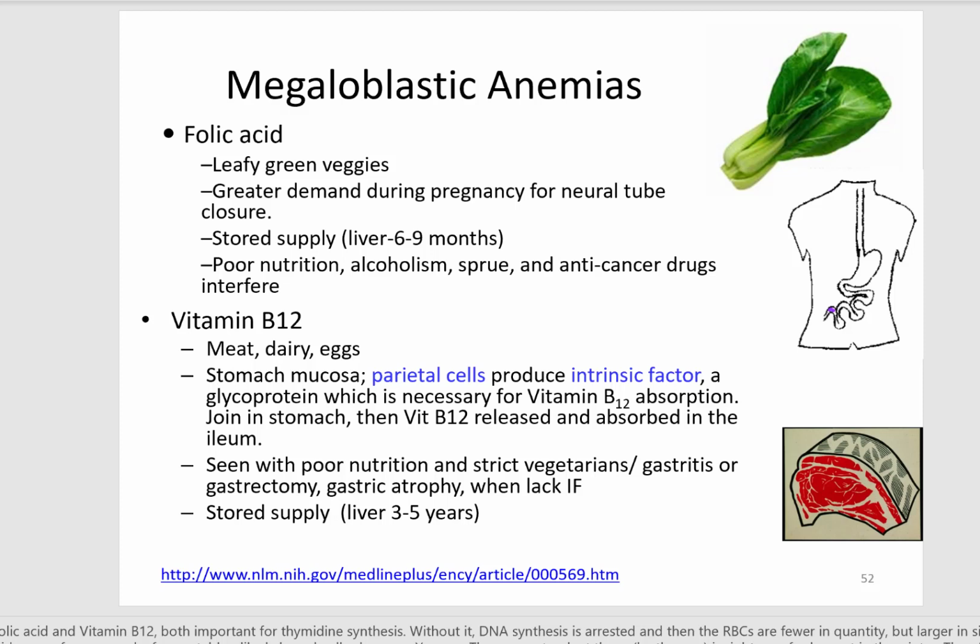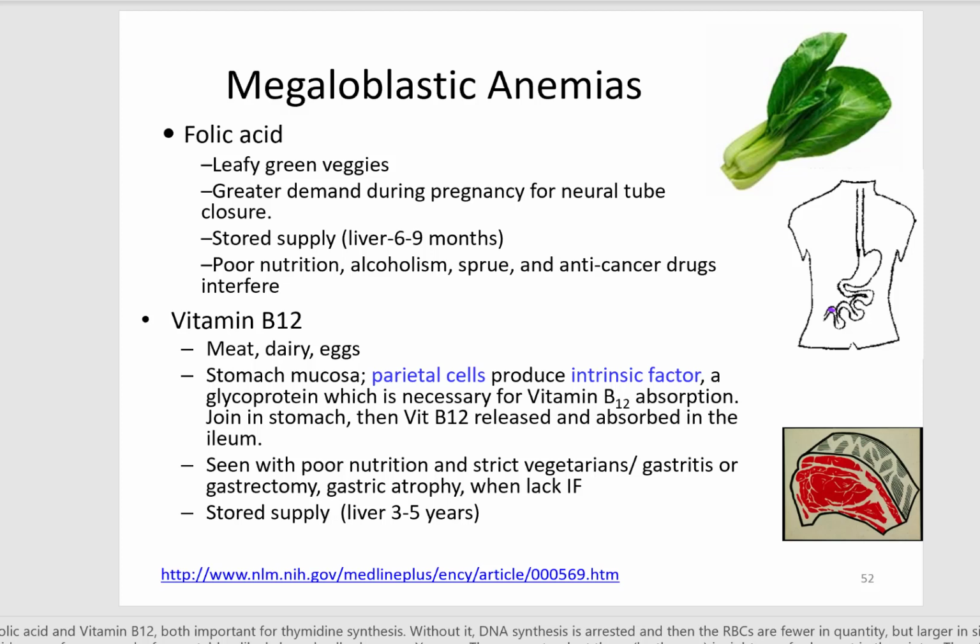One of their jobs is to release hydrochloric acid, but also intrinsic factor, which is a glycoprotein. When intrinsic factor is released in the stomach by the parietal cells, it targets cells in the ileum whose job it is to absorb vitamin B12.